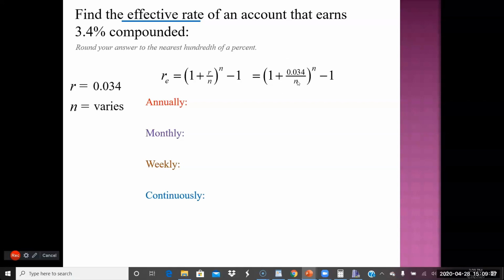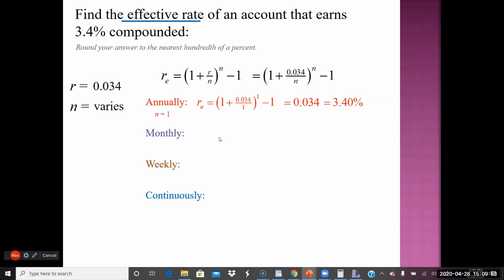If you're good at programming or Excel, you could write a little Excel program and have it do it for you quickly. So this is a case where N equals 1. You enter it into your calculator, and it gives 0.034, which makes sense because it's only compounding one time a year, which is what the original rate is.